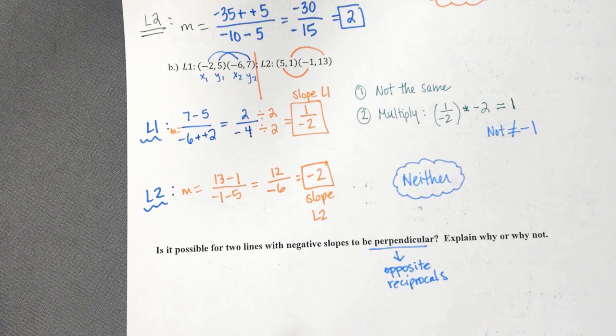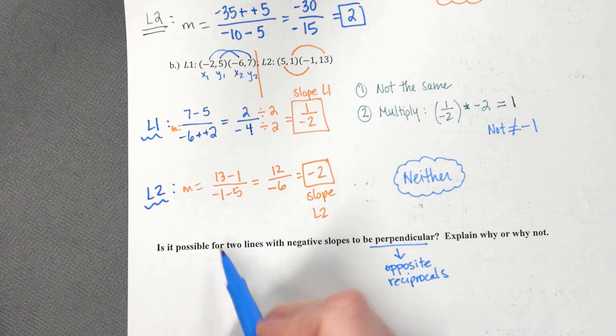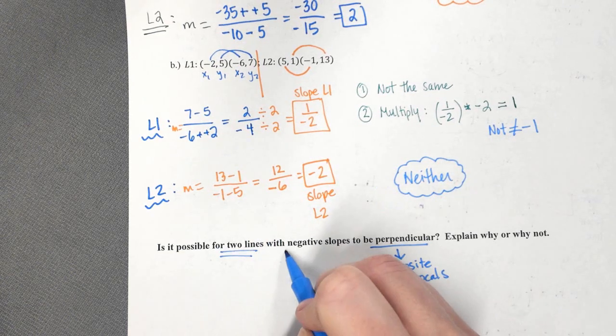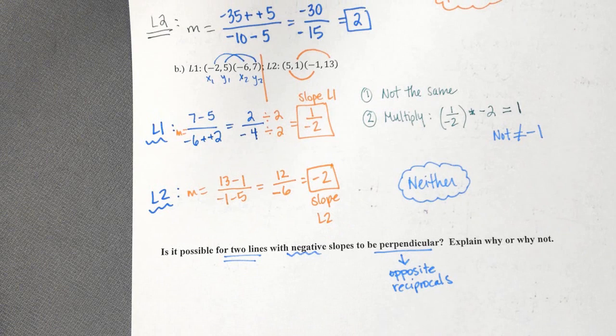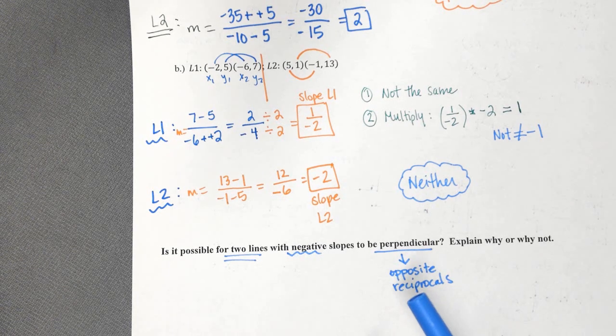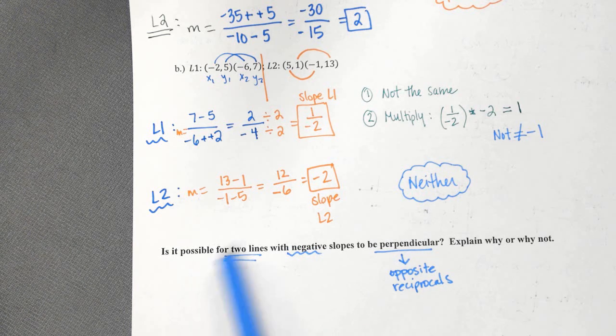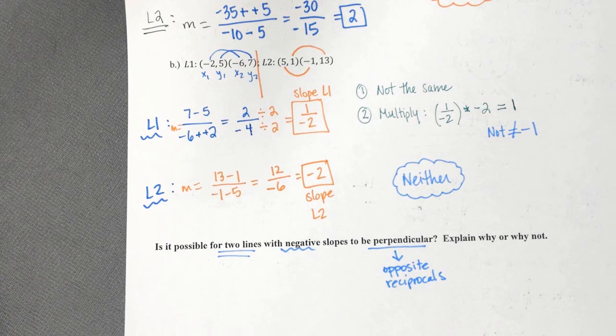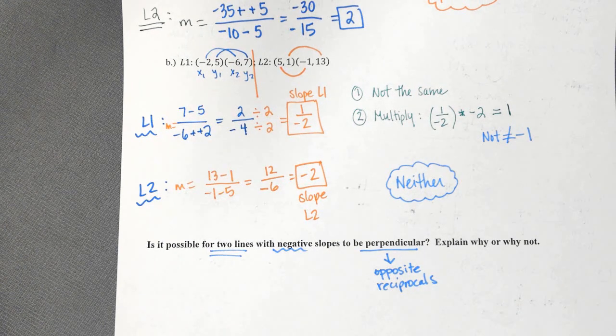So this question is asking you, is it possible for 2 lines that both have a negative slope to be perpendicular? Okay, so I'm going to have you talk to somebody next to you, and I want you guys to decide if it's possible and then come up with a reason why or why not.